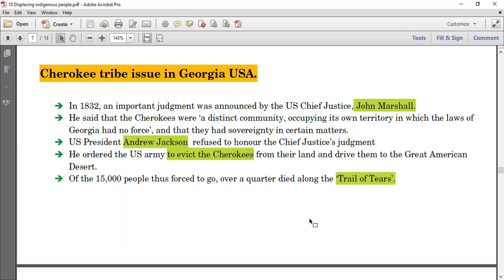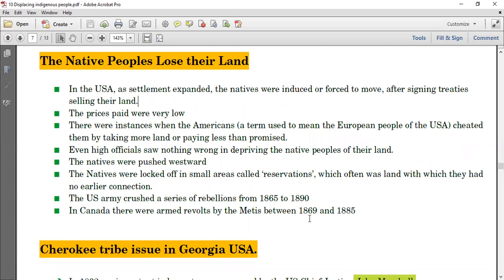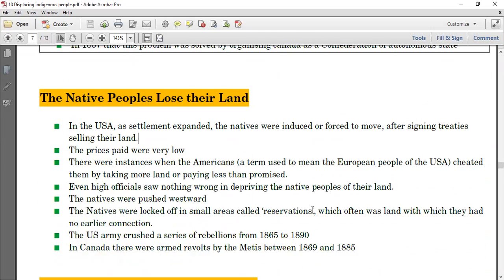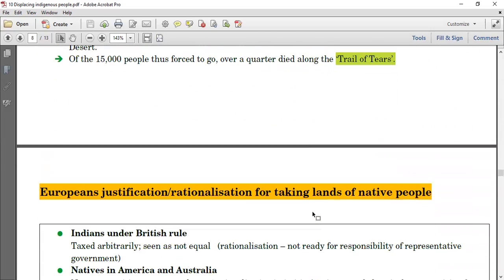Of the 15,000 people who were forced to go, over a quarter died along the Trail of Tears. This stretch is called the Trail of Tears.